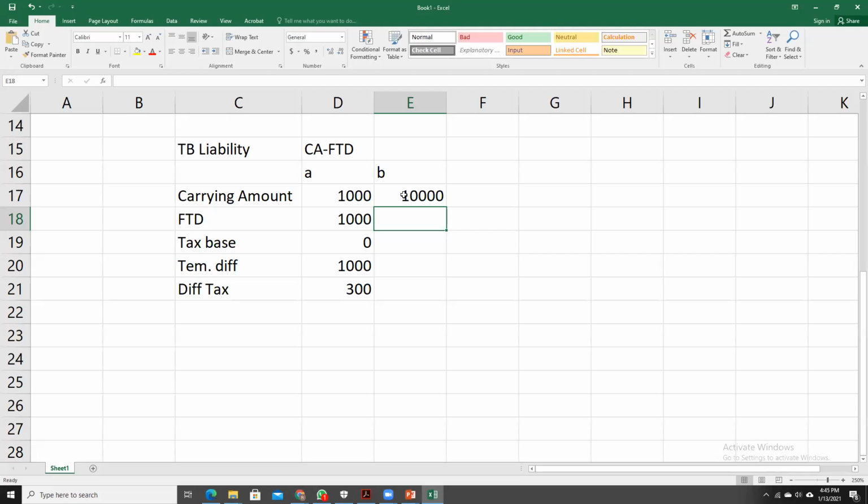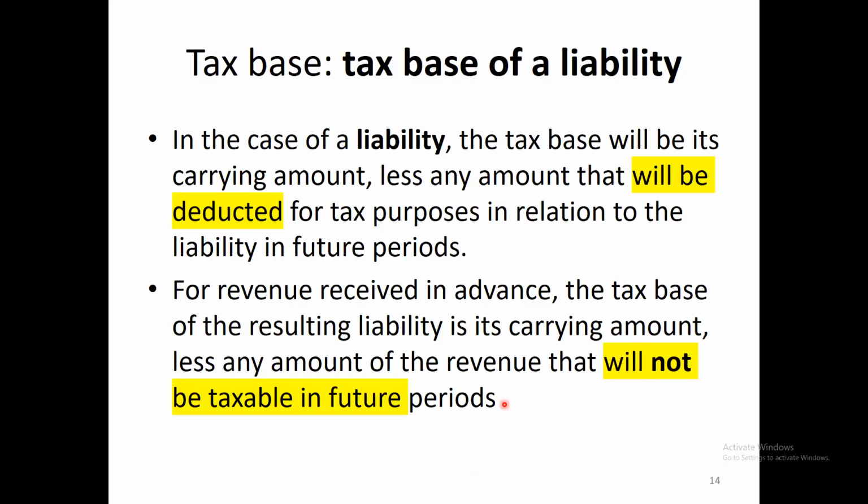So if they charge tax this year, next year there will be no deductions for this income, right? Then in the future, are there any tax deductions? No, there is no tax deduction. But the rule says we should deduct what? The revenue less any amount of revenue that will not be taxable.